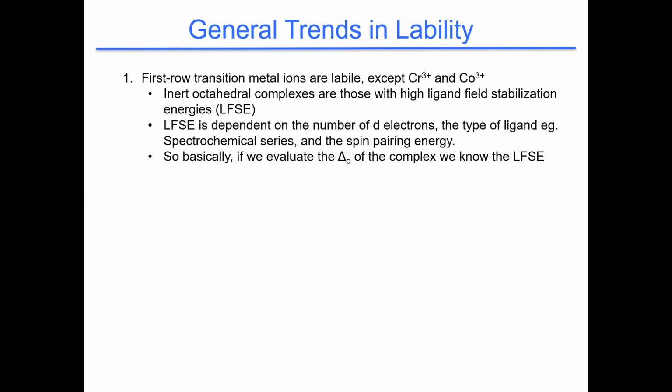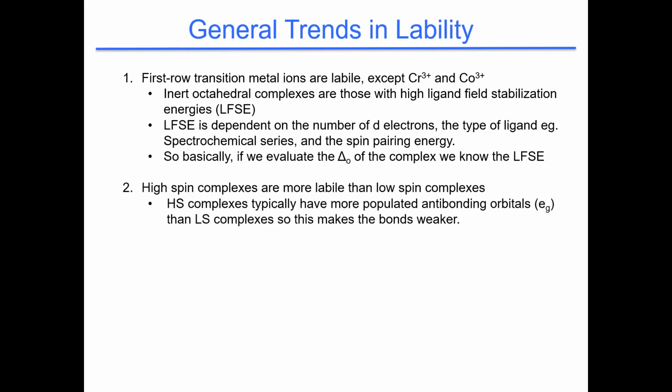The ligand field stabilization energy is dependent on a number of factors, including the number of d electrons you have, the type of ligand, and the spin pairing energy for the complex. So effectively, if you can evaluate delta octahedral for a complex, you can know the ligand field stabilization energy.